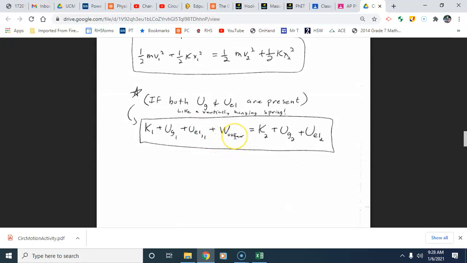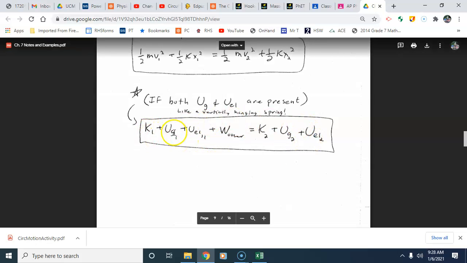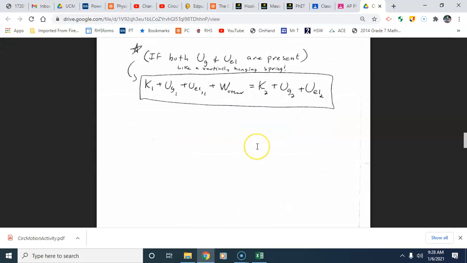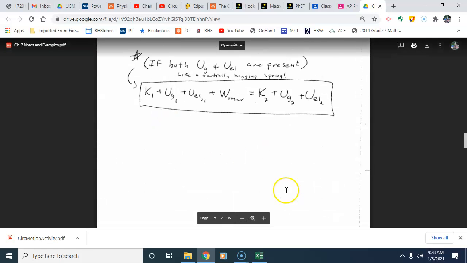And we could include work other if there is significant friction. Another thing work other could be is pushes or pulls to the system externally, not just letting it go, right? So same thing as yesterday. We could just have uglier situations where we need all of that, and we could put it all into that same idea of conservation. So that's all the new stuff.